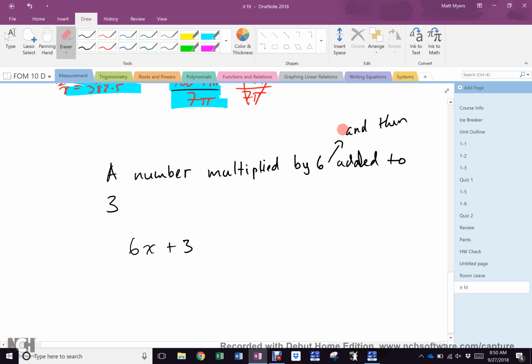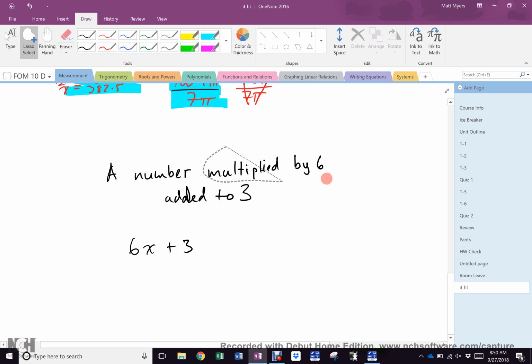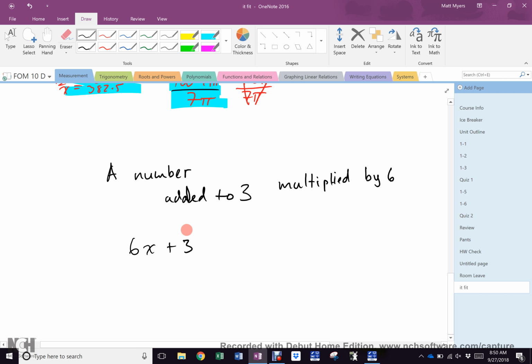Now, what if I take out the 'and then'? And I move this: a number added to 3 multiplied by 6. How's that different? x plus 3. What is times 6?